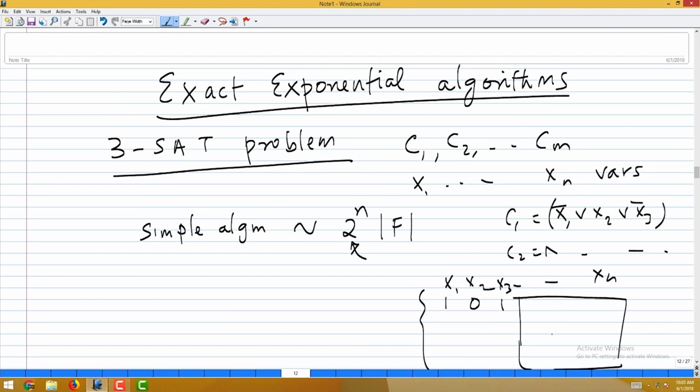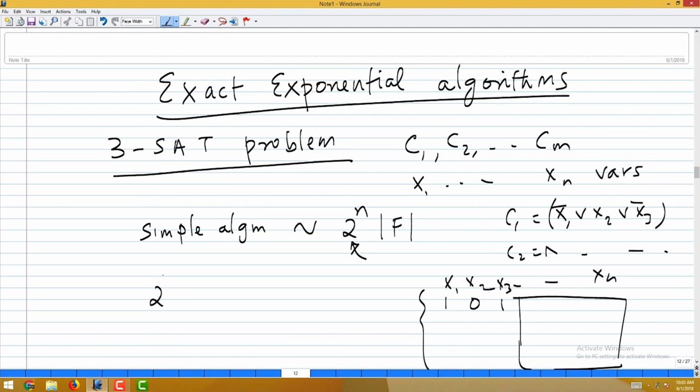How many of the 2 power n assignments have x1 equal to 1, x2 equal to 0 and x3 equal to 1? 2 power n minus 3, because these 3 variables are fixed and the remaining variables are free. So, 2 power n minus 3 assignments you are not checking. That is your saving.